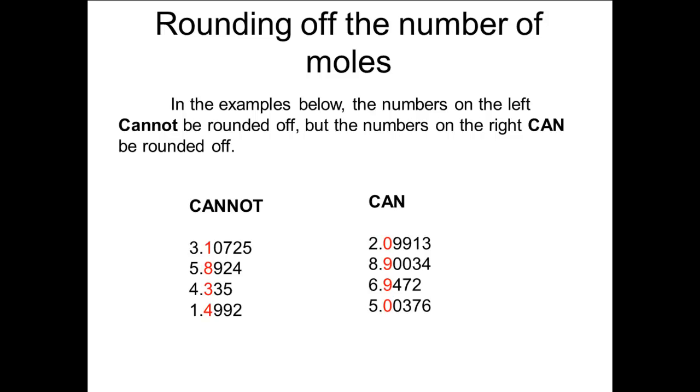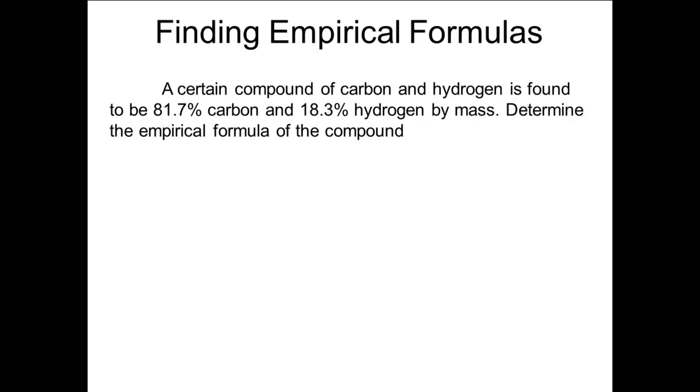But the numbers on the right can be rounded off because they do have a 0 or a 9 in the first decimal place. Now back to the problem. In this case, the moles of hydrogen, 2.66, are not close enough to a whole number to round off. So what do we do?